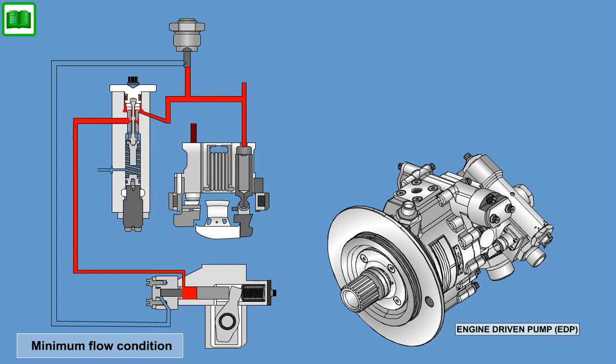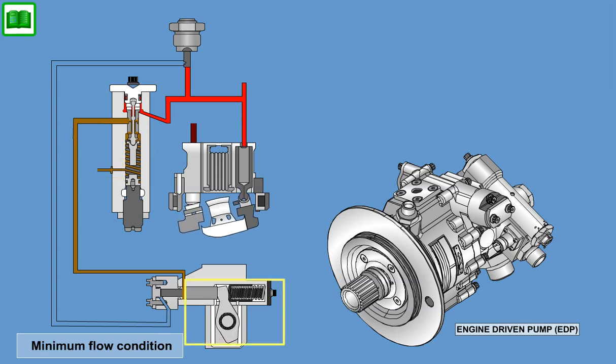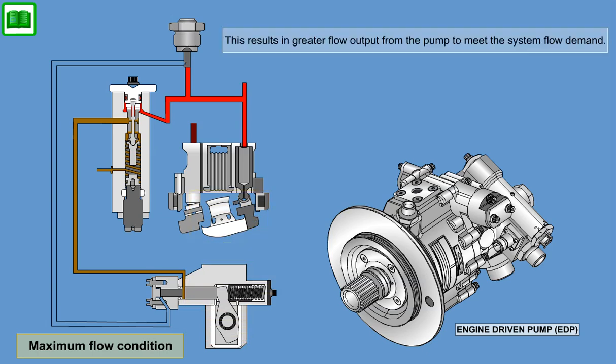When the discharge pressure decreases to a value defined by the setting of the spring, the spool uncovers a port in the sleeve, allowing oil to transfer from behind the stroking piston to the case. The rate piston extends due to the force from its springs, which drives the pump hanger to a larger angle as the stroking piston retracts. This results in greater flow output from the pump to meet the system flow demand.